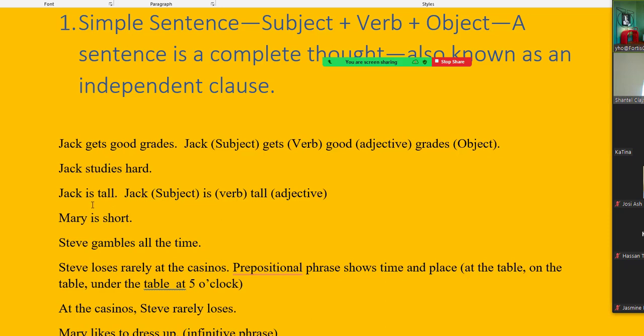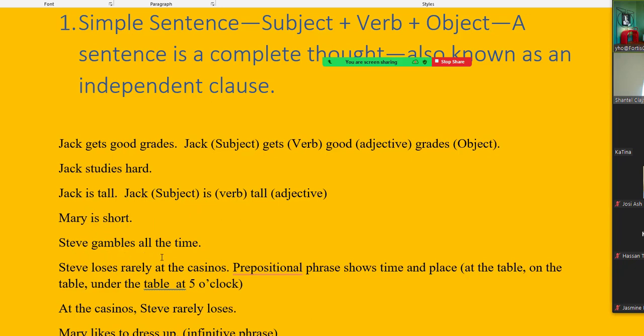This is the only time in English that the adjective comes after the noun, because here, tall modifies Jack. "Mary is short." Short modifies Mary. This only occurs when you have subject plus the be verb plus adjective. Be verbs are I am, he is, she is, we are, they are, he was, she was, they were.